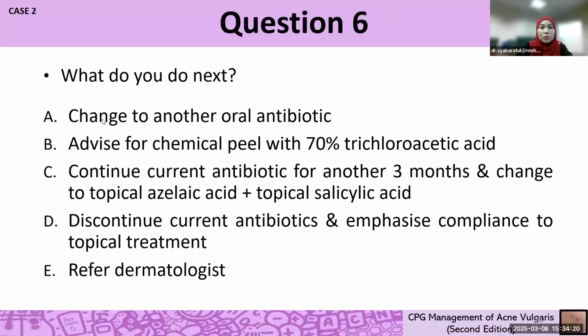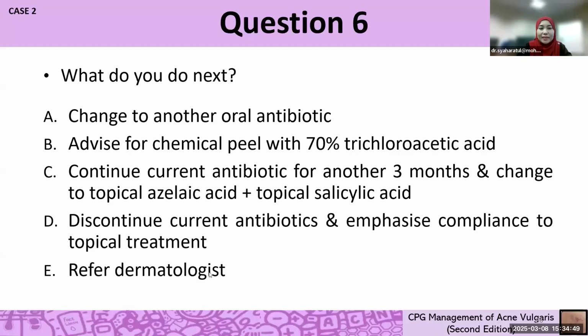Do you change to another oral antibiotic? Or B, do you advise a chemical peel with 70% TCA? Or C, you continue the current antibiotic for another 3 months and change to topical azelaic acid and topical salicylic acid? Or D, discontinue the current antibiotic and emphasize compliance to topical treatment? Or E, refer to a dermatologist?